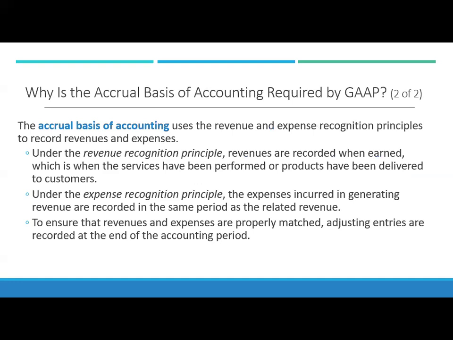And so the accrual basis of accounting uses the revenue and expense recognition principles that we've been talking about, where revenue is accrued when it's been earned, and expenses are matched to the revenue under the matching principle, so that the expenses are recorded in the same period in which the revenue was recorded.